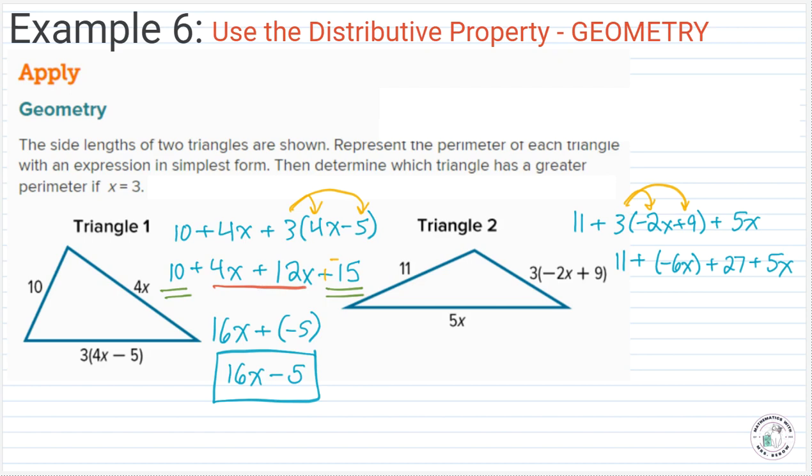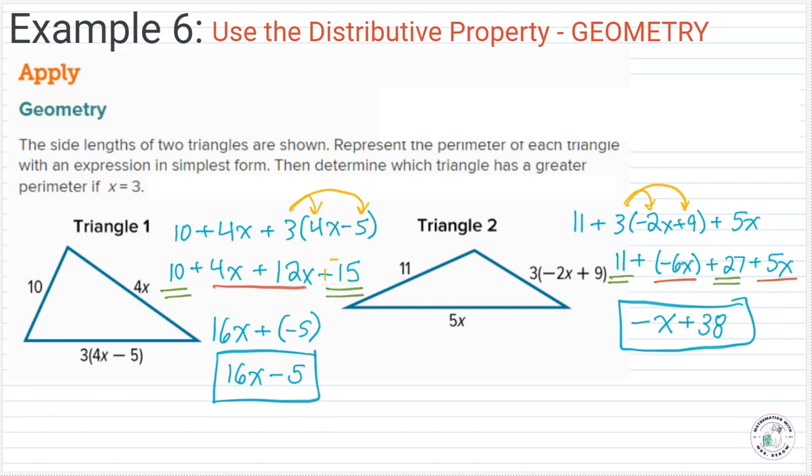Combining like terms, similar to last time, we have these constants that can be combined, and then we also have our variable terms, which can be combined as well: the negative 6x and the 5x. Starting with the variable terms, negative 6x plus 5x is negative 1x, or just negative x. And then the constants, 11 plus 27, make 38. And so that is my simplified expression for the perimeter of triangle 2.